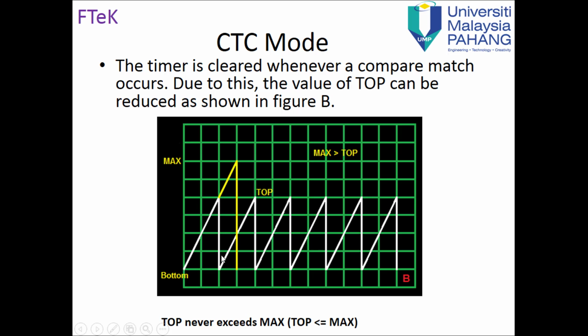So it will reach the top, go back to 0, again increase until the top and go back to 0. So we need to distinguish between max, which is the maximum value that the counter can run to, which is 255 in 8-bit and 65535 in 16-bit, and the top, which is a value defined by the user, which is always less than the max.